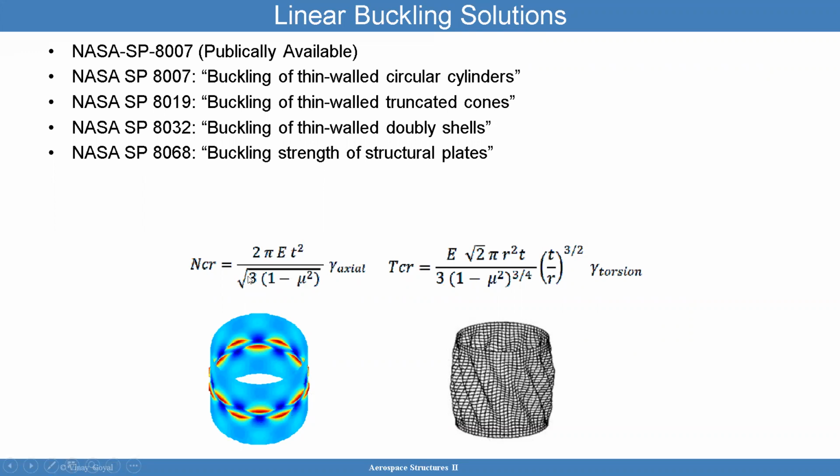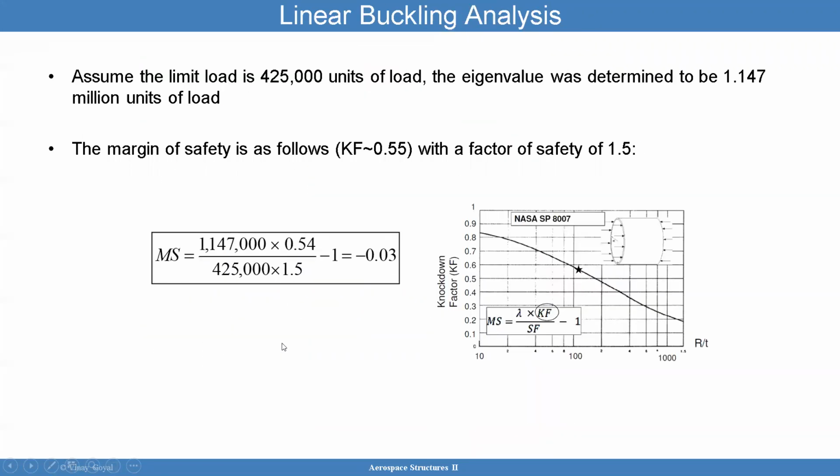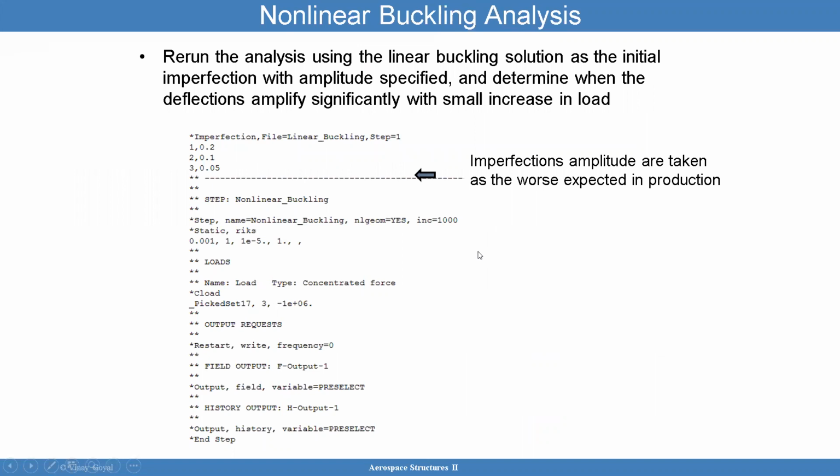And so the idea then is, let's go ahead and incorporate those mode shapes into the model. And here what I've done, I've selected 3 modes, and I've amplified the mode shapes by 0.2, 0.1, and 0.05 as an example. And this could have been selected based on the manufacturing. Like, you know that it's not going to be worse than that amplitude of imperfection. Remember, you can take any mode shape and scale it up to whatever number you want.